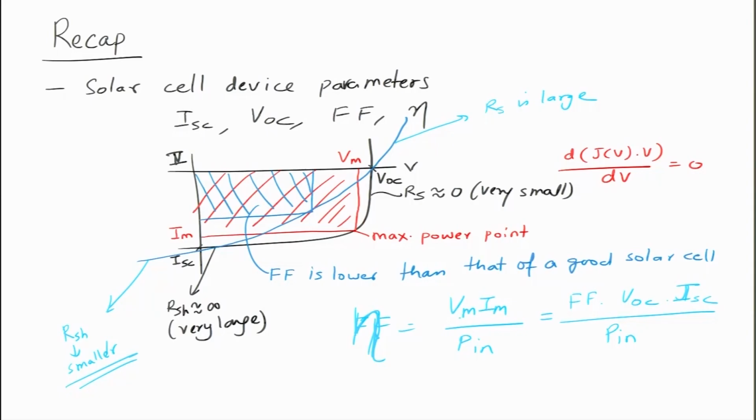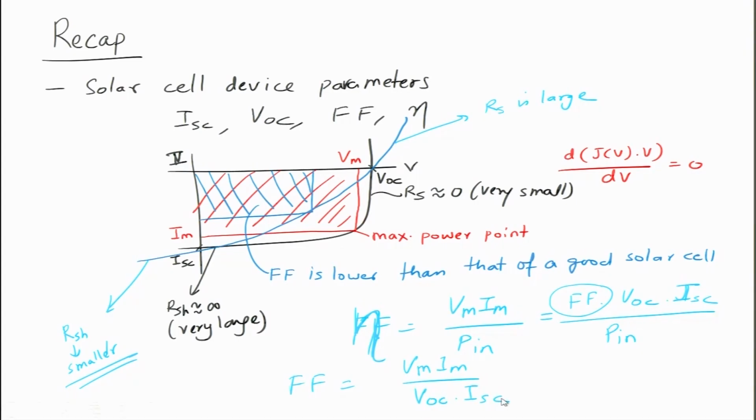So, the ratio of Vm Im to the incident power gives you the efficiency, and this is related to fill factor. Vm Im is equal to fill factor into VOC into ISC. So, if your fill factor is higher, your power conversion efficiency is going to be better, which is where you write fill factor as Vm Im divided by VOC into ISC.